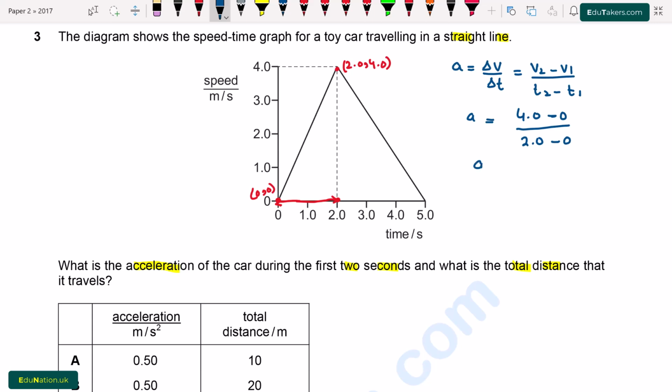So acceleration will be equal to 2.0 meter per second square. So total distance is basically the area under this graph. I write here total distance is equal to area under graph.